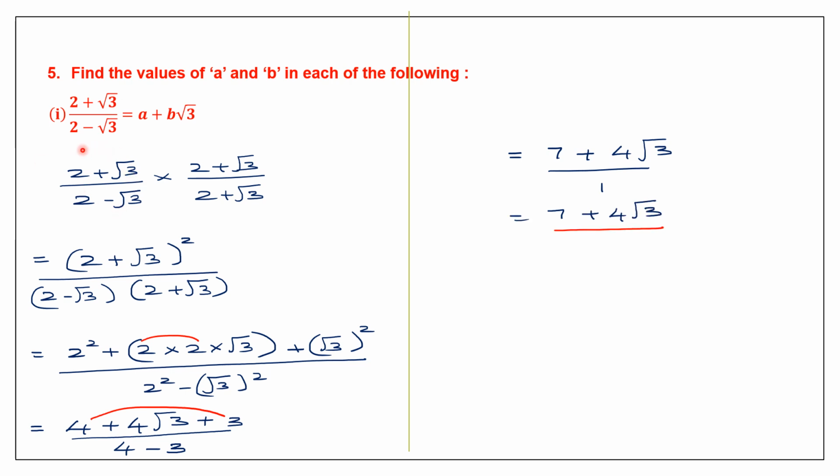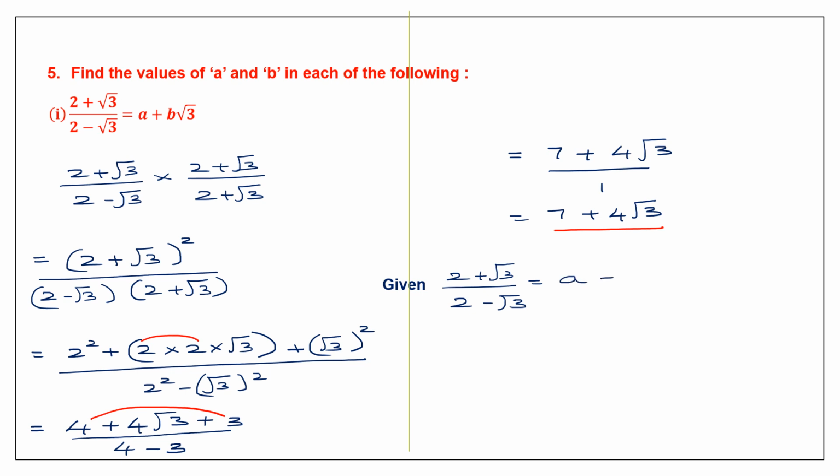Now what are we given in the question? Now this we rationalized and we got this. What are we given in the question? That this is equal to a plus b root 3. So here, let's see what is given. So given is 2 plus root 3 by 2 minus root 3, which we just solved and got 7 plus 4 root 3.